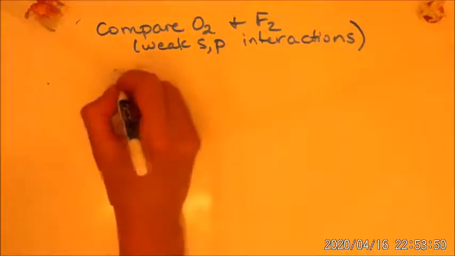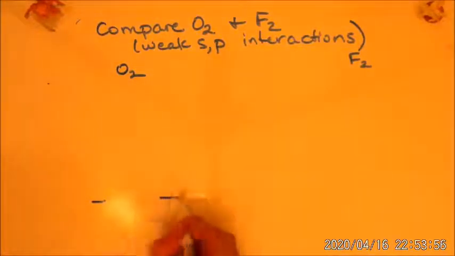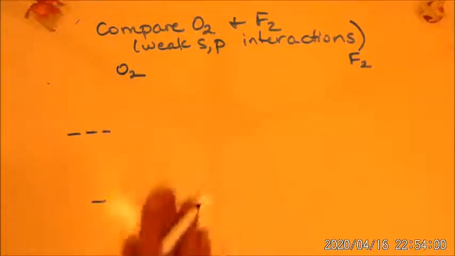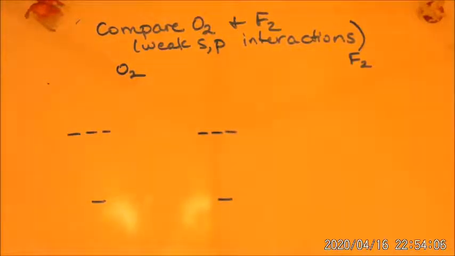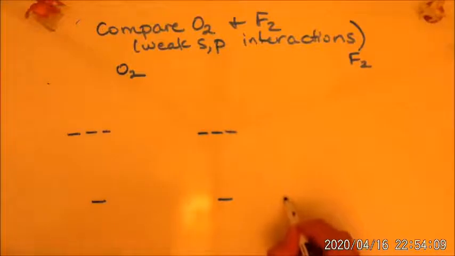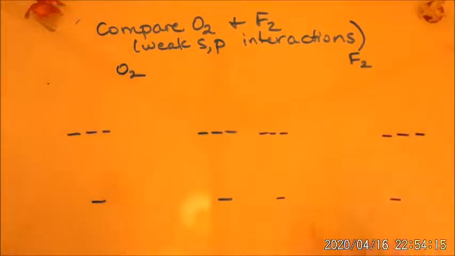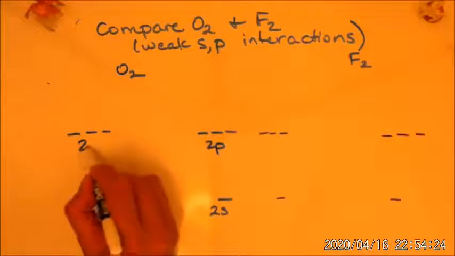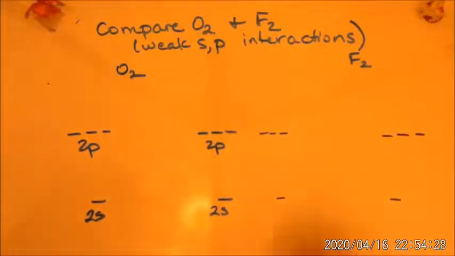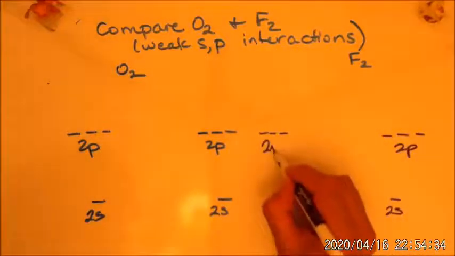So we'll do oxygen here, fluorine there, we have 2s, 2p, there's some space to draw these out. Fluorine here, it's purple, 2s, 2p.